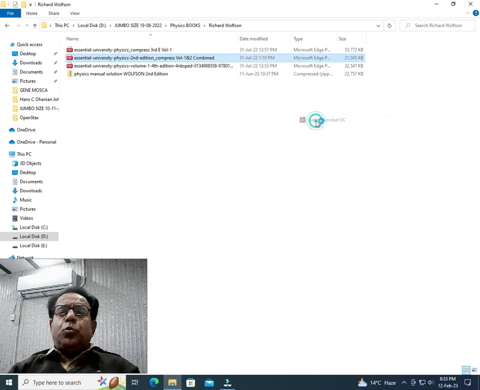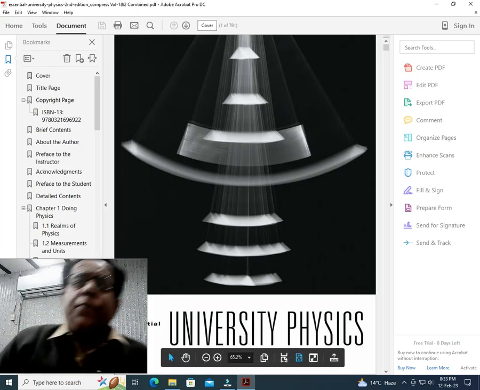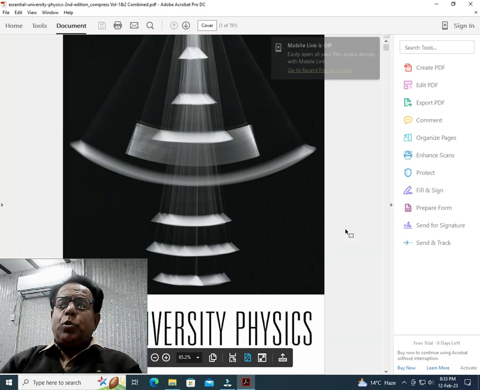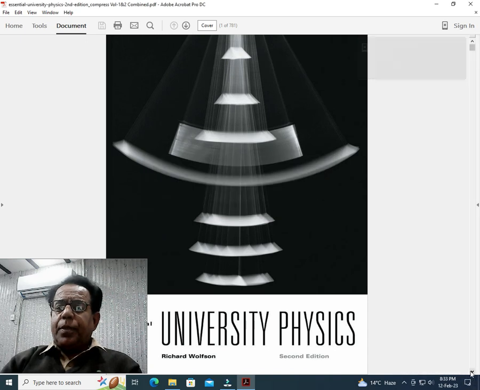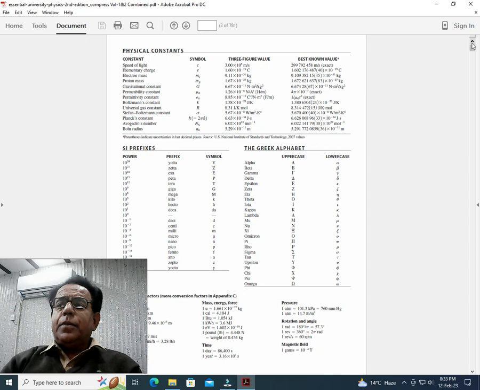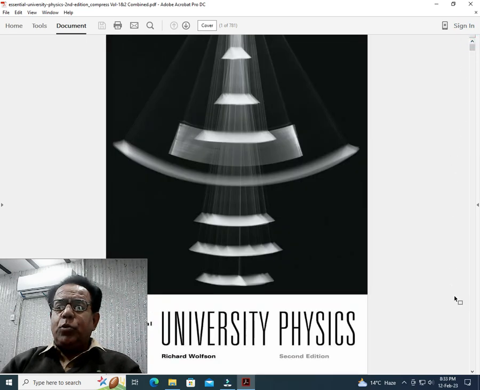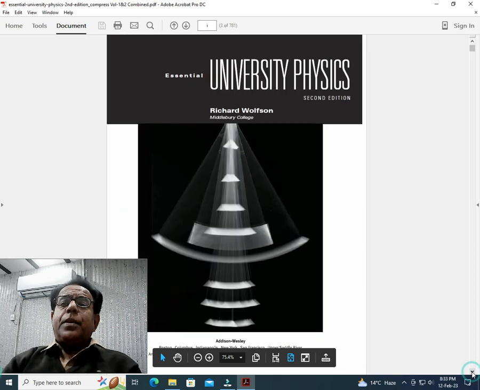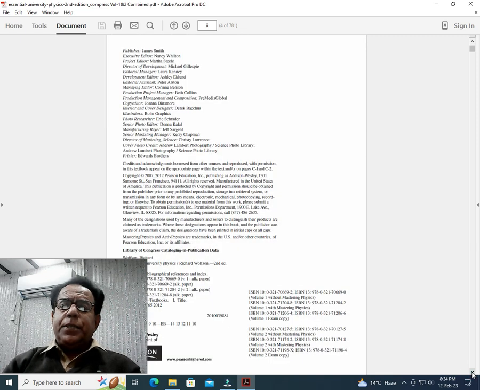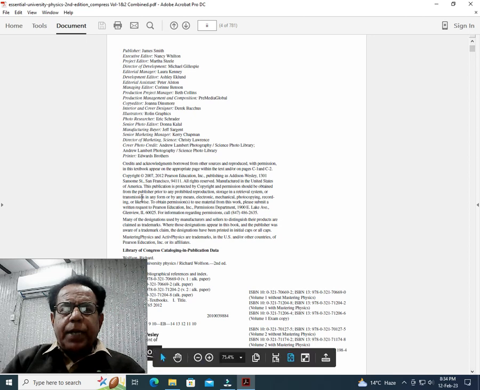We open this book and show what is the position of this book. Essential University Physics, Richard Wolfson, second edition. Copyright 2007 and 2012.